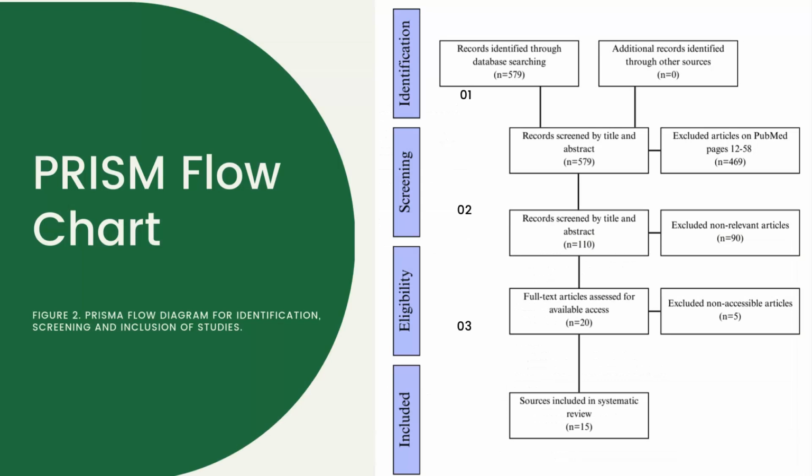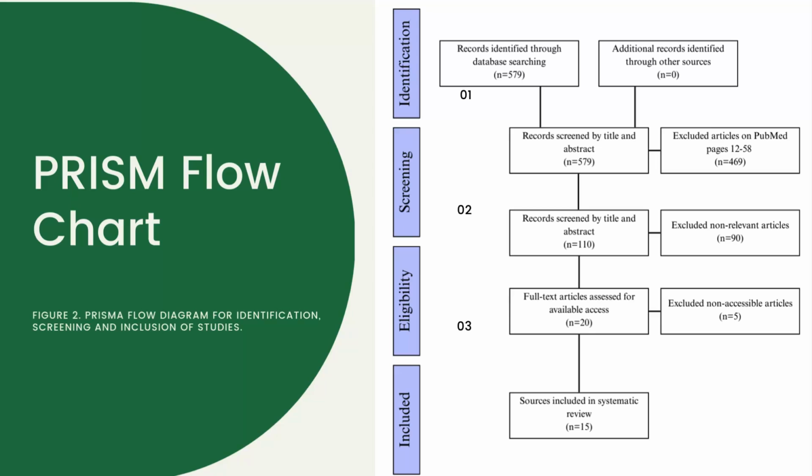So here's our PRISMA flowchart. We started with results of 579, and then we only needed 15 sources for the systematic review, so that excluded pages 12 through 58 of the results. Records were manually screened by title and abstract. And then we also excluded non-accessible articles, which just means that they weren't available through my institution or through paywall.